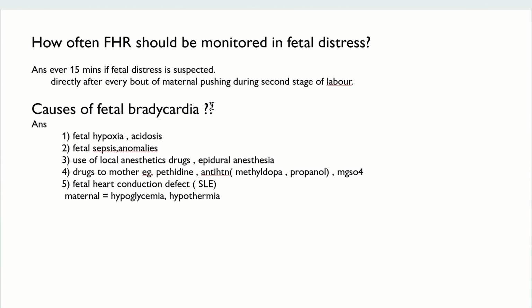The causes of bradycardia, meaning the heart rate is less than 110 beats per minute, are fetal hypoxia, acidosis, fetal sepsis, anomalies, use of local anesthetic drugs, epidural anesthesia, drugs to mother like betadine, antihypertensive drugs like methyldopa, propranolol, MgSO4, fetal heart conduction defect, like SLE, and maternal causes like hypoglycemia and hypothermia. So these reasons can lead to a fetal bradycardia. So we have to also know these causes, especially for our being a doctor and also for our exams.